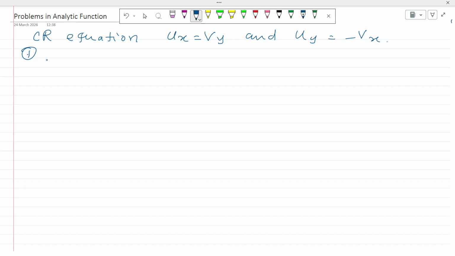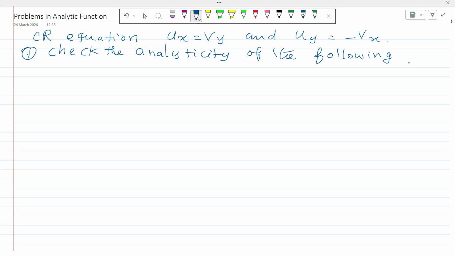Problem. Check the analyticity of the following functions. One, W equal to z square.